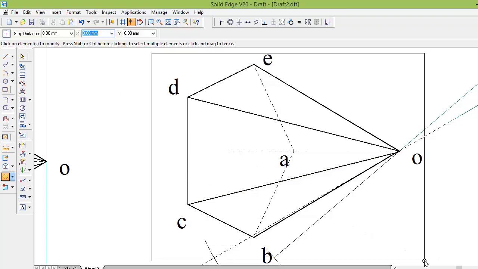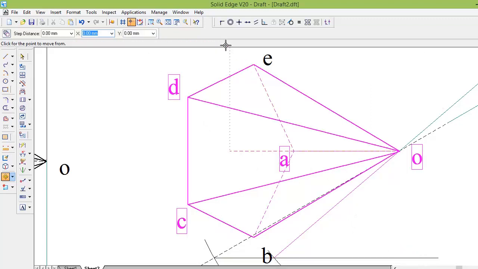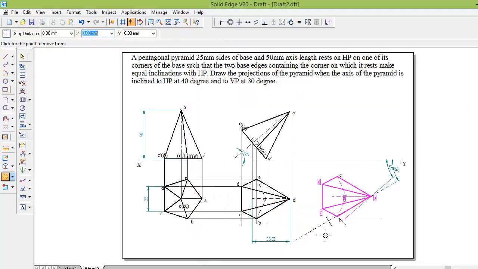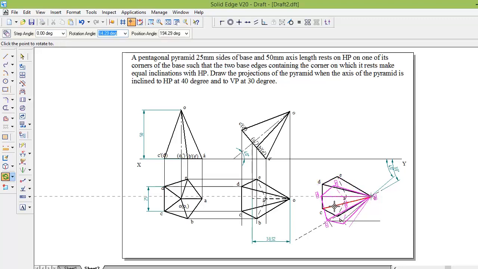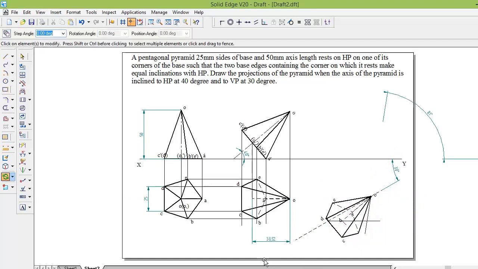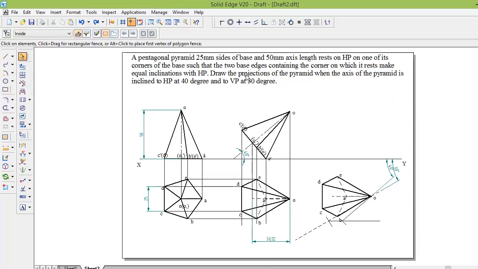Next, select this. Select rotation. Select this. So this is the center point. This is the rotation. So just move it over this 40 new line. Do it carefully.